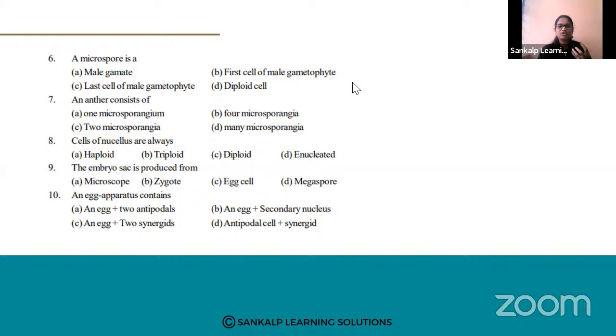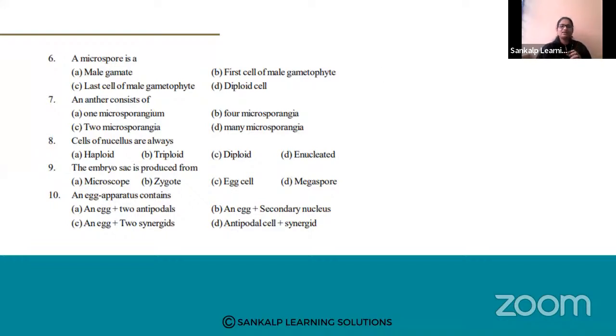Archana, Suchita, Spandana voted for option D. Inchara, Nandini voted for option A. Nagaratna, Deepthi, Sneha voted for option D. Everyone is saying D. Few of them confused with A. A is a male unit, guys. The embryo sac is the female gametophyte, right? So option D, that is megaspore, is the right answer.